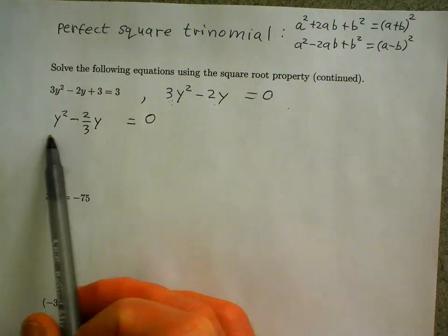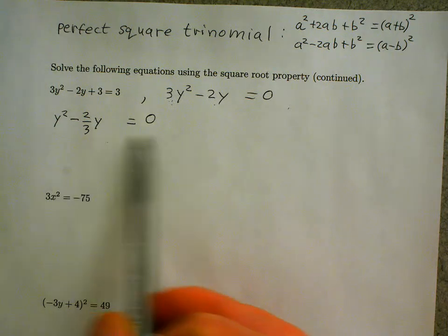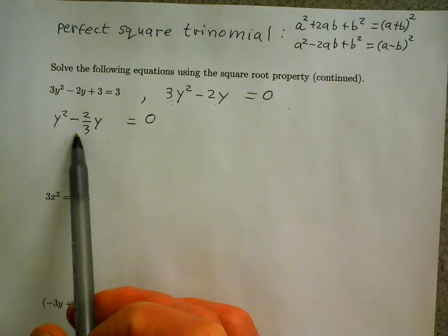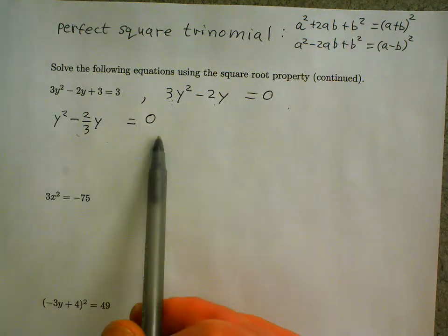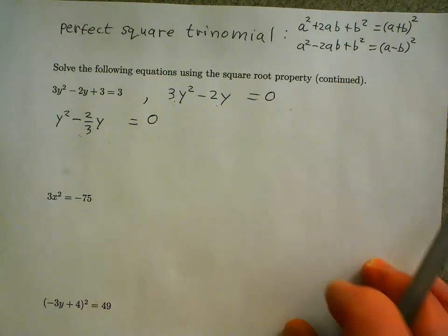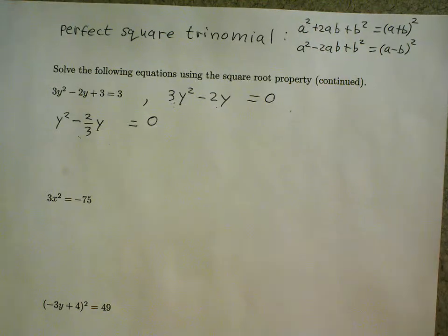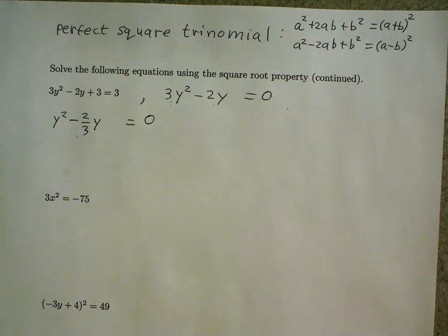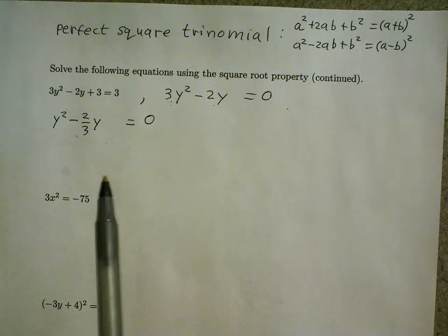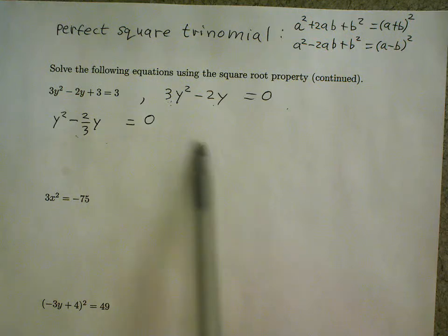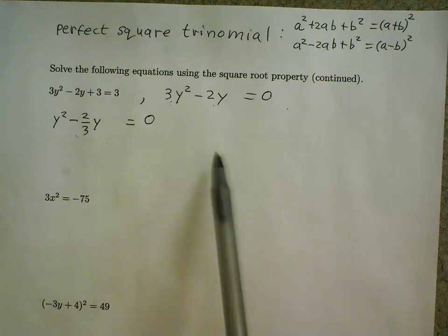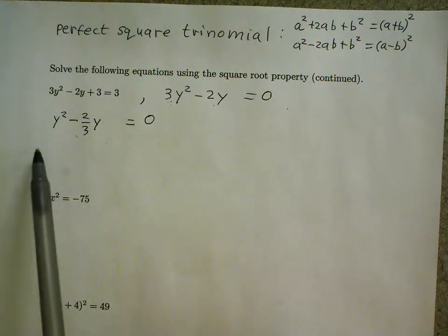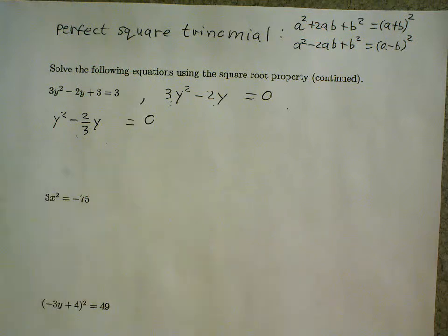So for this equation, this is all set up to create a perfect square trinomial. But in so doing, we're not going to do anything that's illegal. We're just going to find a number to add to both sides of this equation so that the trinomial that results on the left-hand side is a perfect square trinomial.